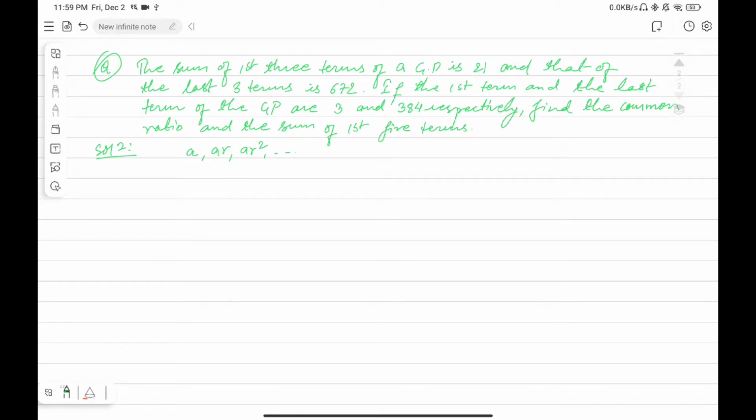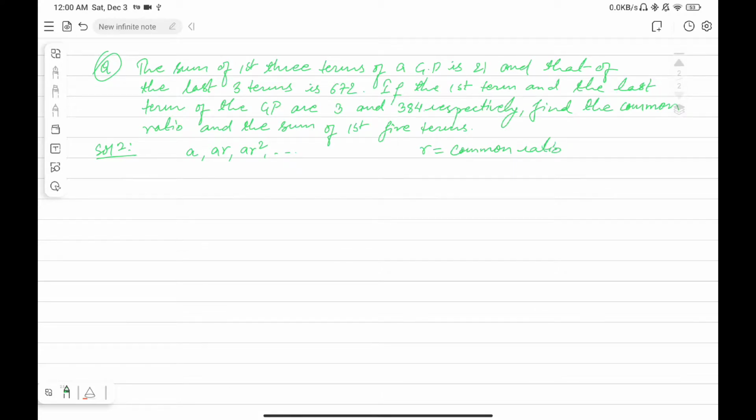Here A is the first term and R is the constant number which keeps multiplying the preceding term every time we proceed further. That is called the common ratio.